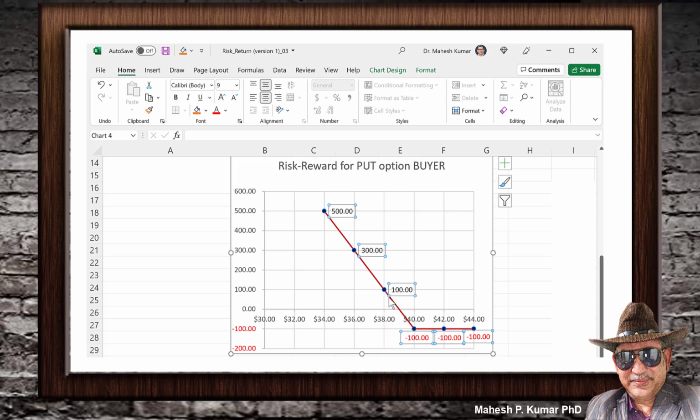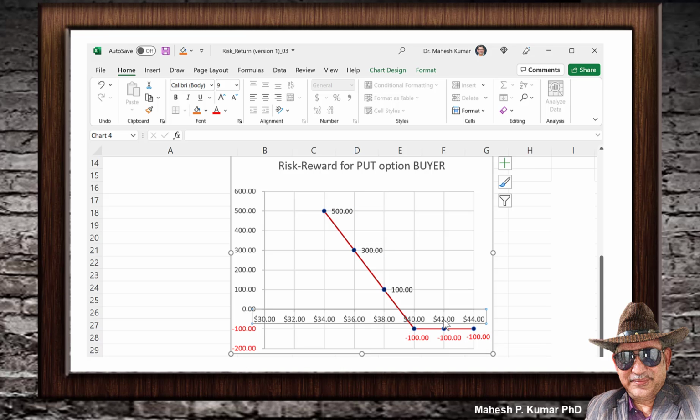So these profits are given, and these loss numbers are given in red, and this loss of minus $100 is just the representation of the fact that you will lose the option premium that you have paid to the put option seller, because you won't exercise the right to sell the shares, right?